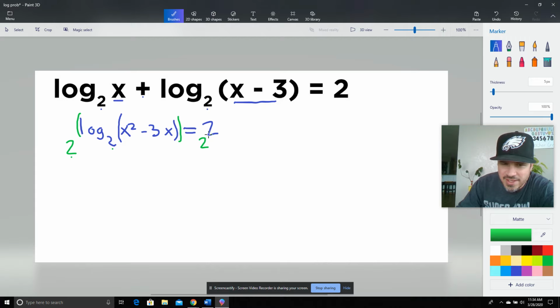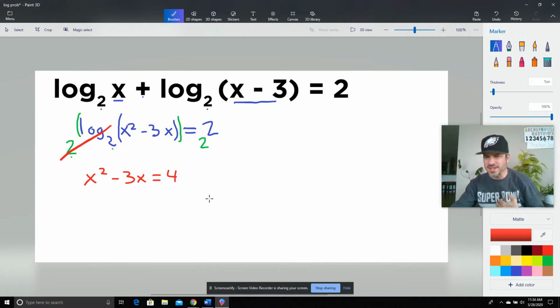So notice that these blue parts are now the input of my exponential function. So these guys cancel out, right? And it brings the input down to the playing field. So we get this. 2 squared we can simplify to 4.